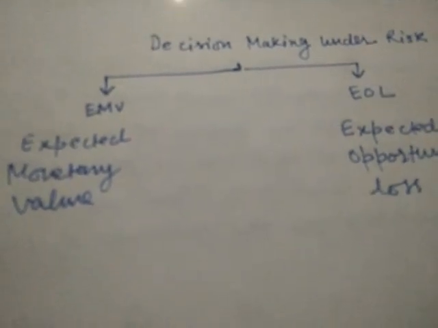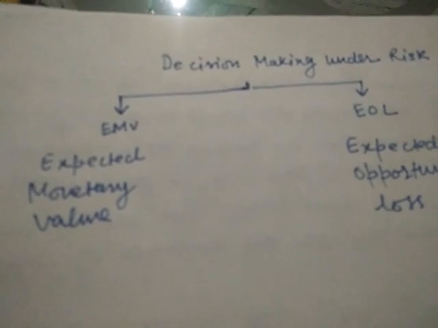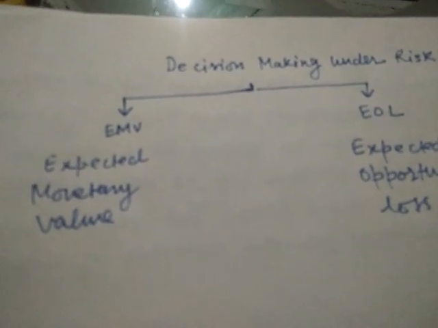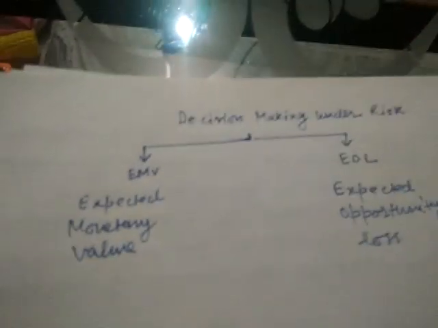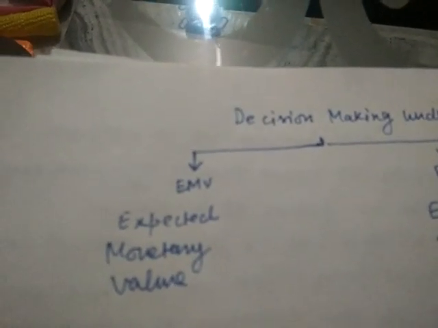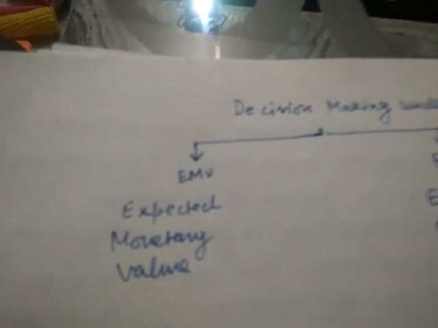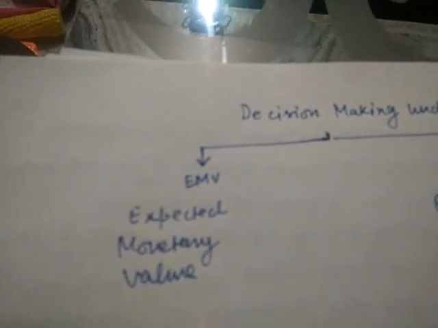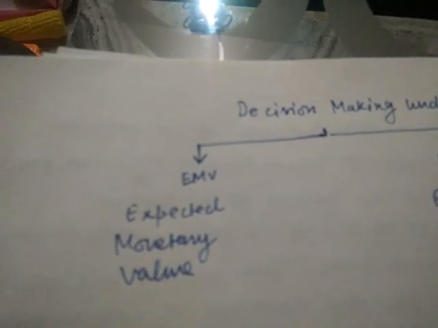There we assumed equal probability for each state of nature, and then calculated EMV for each course of action. First we multiply probability with each payoff, which becomes the expected payoff, and then we add all the expected payoffs along each course of action. That summated payoff is known as expected monetary value.